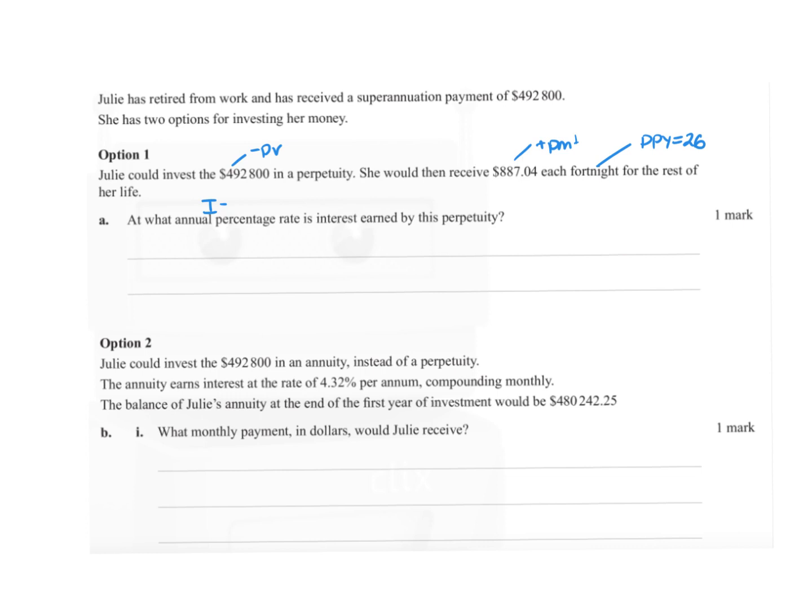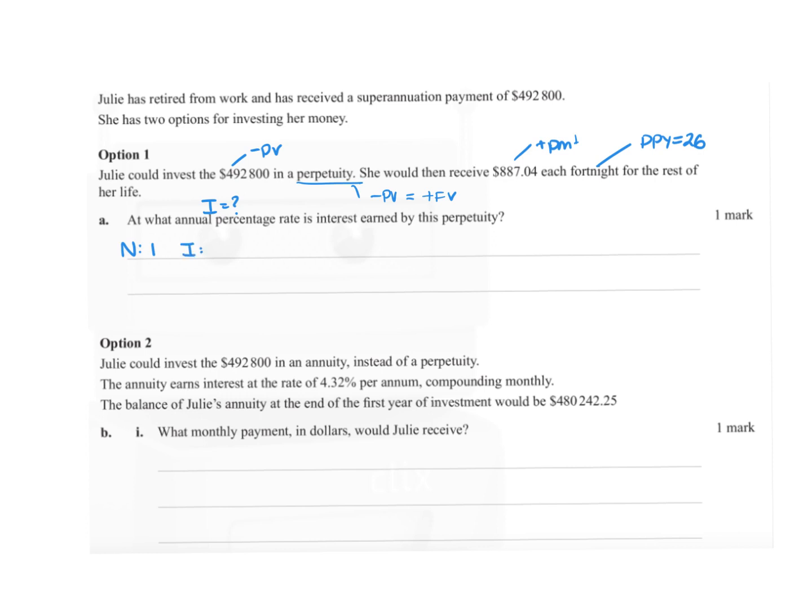Your I is going to be the question, and because we have a perpetuity, we know that negative PV is equal to positive FV. So we'll have the same number, but positive. Now let's fill in all the things we know. Remember with a perpetuity, you just put a 1 in the time period, because every period we're back at the start.